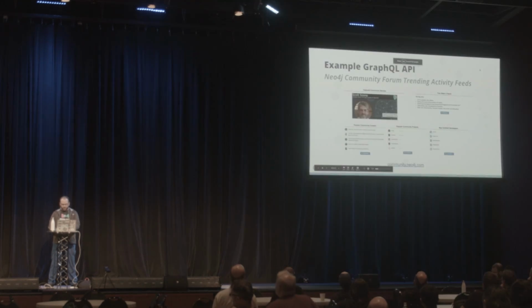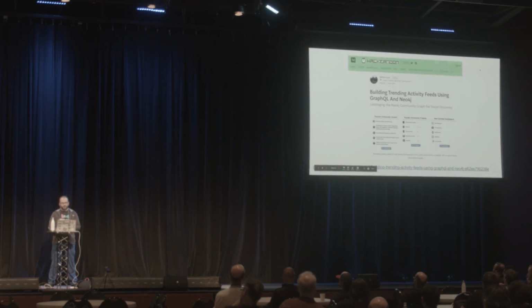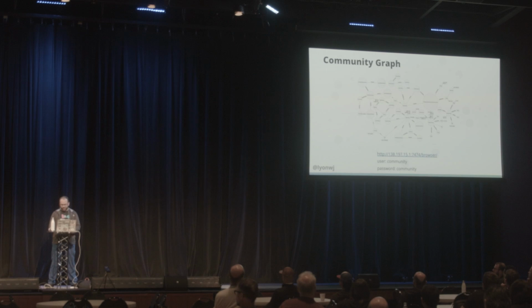Cool, so let's talk a little bit about how that API is implemented. There's a blog post that I wrote that goes into more detail here, but we'll talk about the basics. First of all, the database that this is querying is a Neo4j instance that's running in Neo4j Cloud that we call Community Graph.